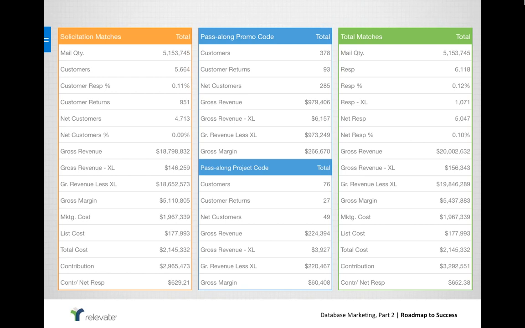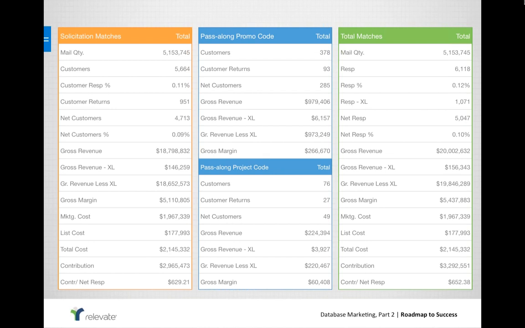The middle part of the chart shows the incremental gains due to pass-along methodology. The right side of the chart shows the cumulative effect of both sets of matching logic. The important thing to note here is that by using the overall pass-along totals, there has been an increase in over $1 million in net revenue and an increase in over $300,000 in net contribution.